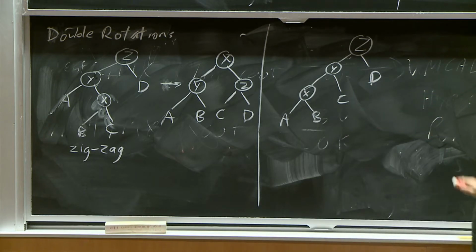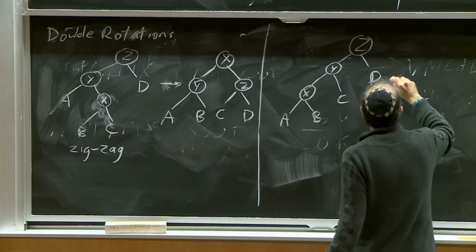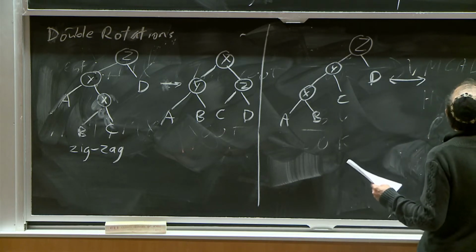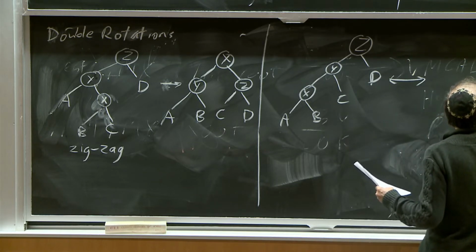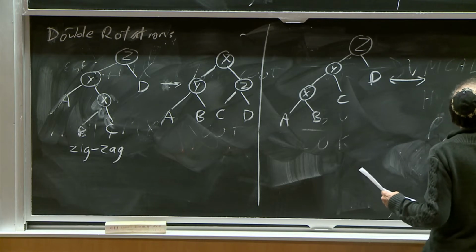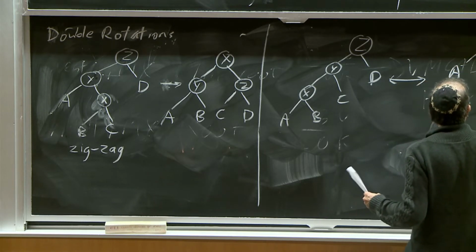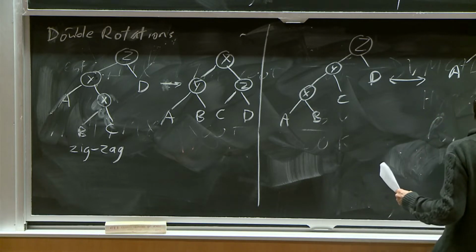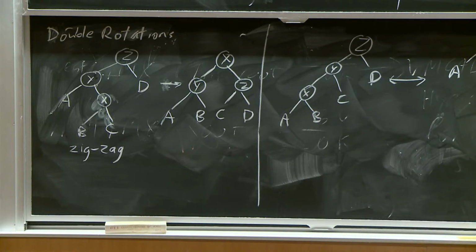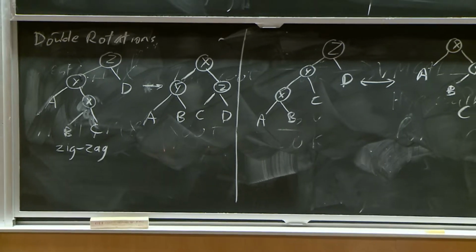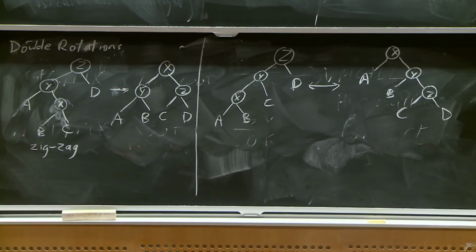And a double rotation here moves everything as a group. And this is different from what you would get if you did 2 single rotations of x. Okay, so they are making a change. It seems like a pretty minor change, but it completely changes what happens in the data structure overall.